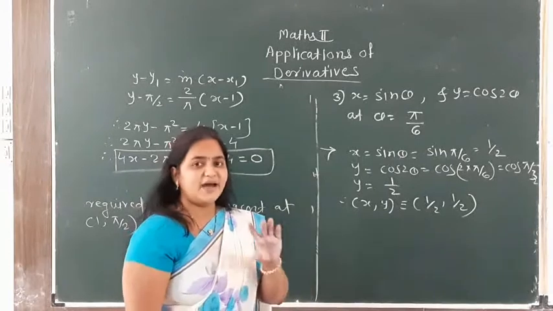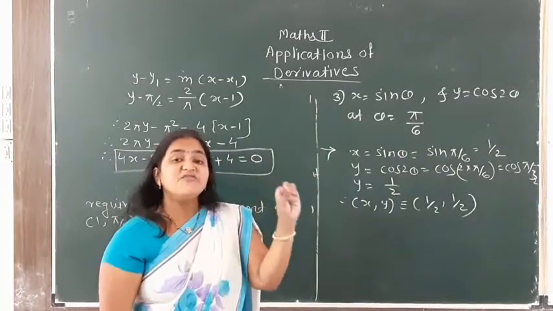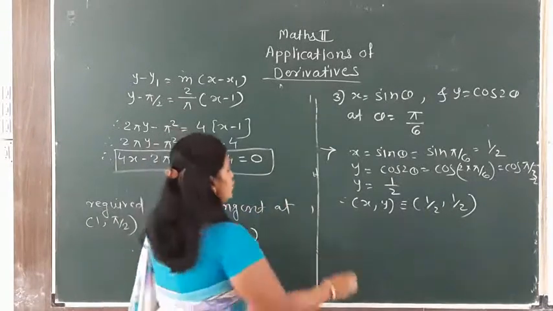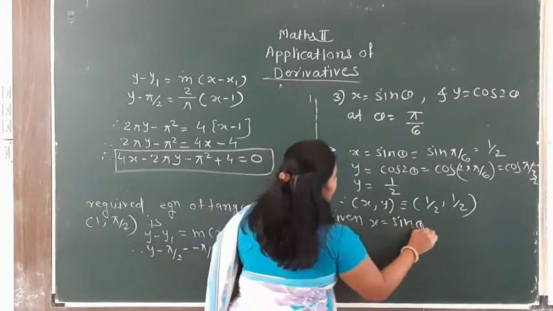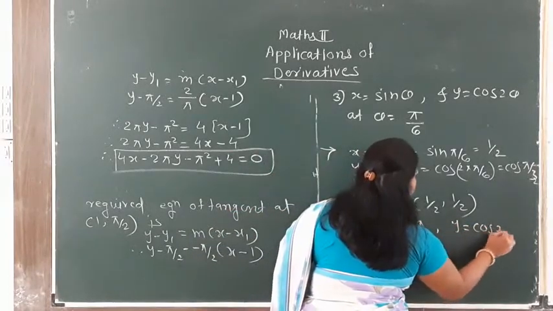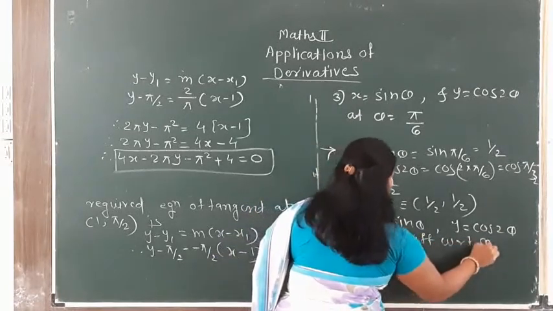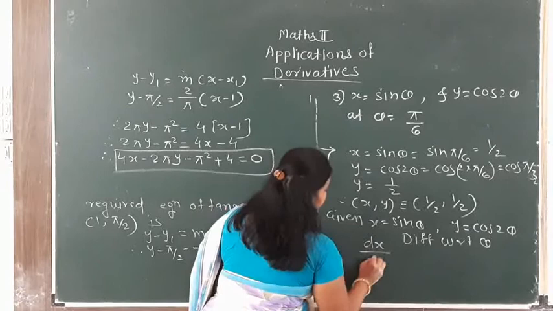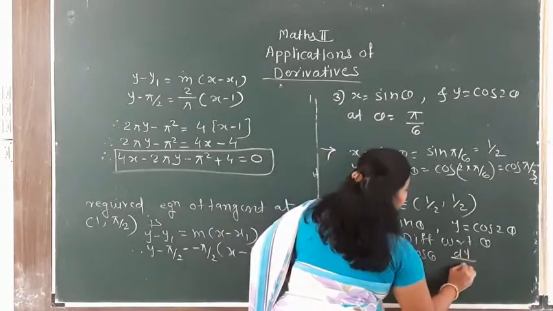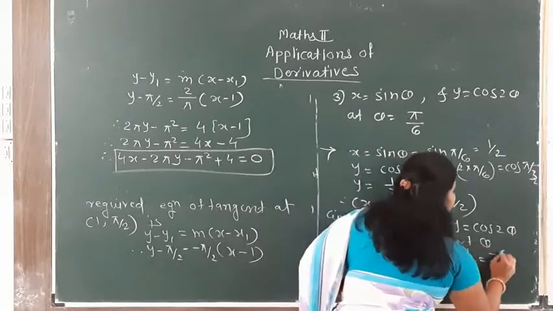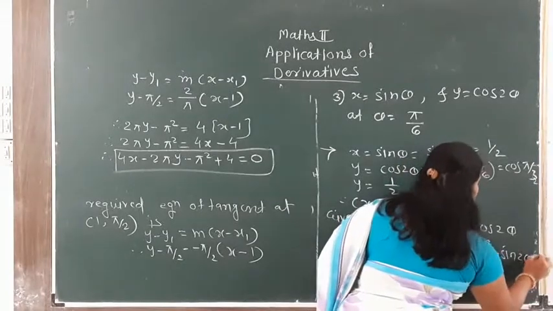Now I want dy by dx. So I differentiate x with respect to theta and y with respect to theta. Given x is equal to sin theta and y is equal to cos 2 theta, differentiating with respect to theta, dx by d theta is equal to cos theta, dy by d theta is equal to minus sin 2 theta, and again the derivative of 2 theta is 2.